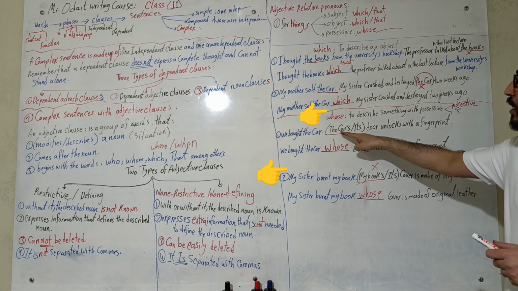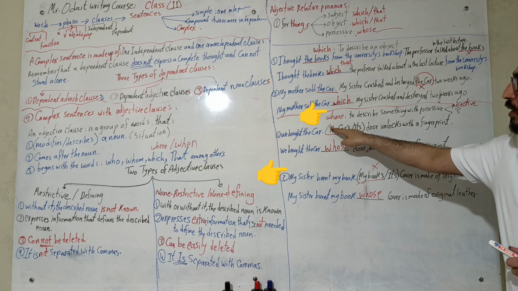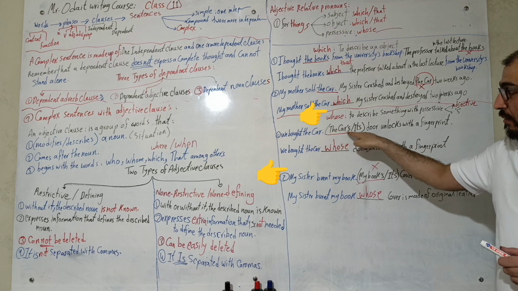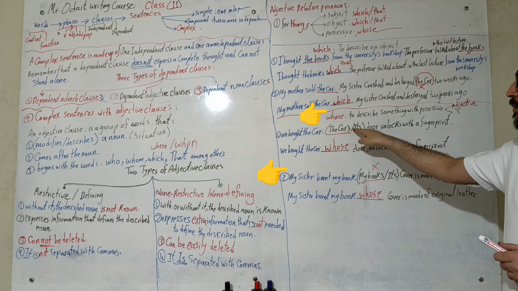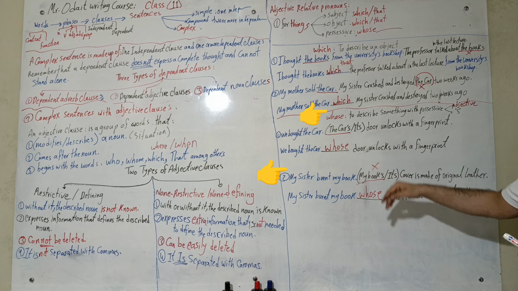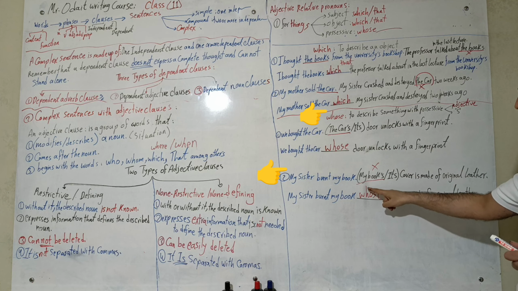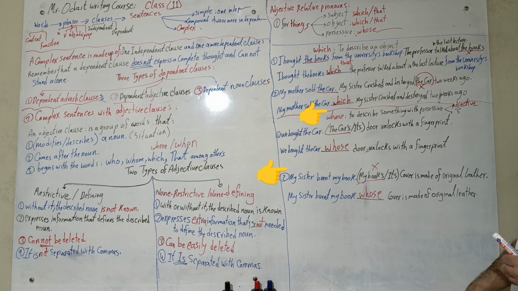Here, my friends, this was an independent clause because it starts with the subject, which is the name or a pronoun or a possessive adjective here, as you see. And here, this is an independent clause also.